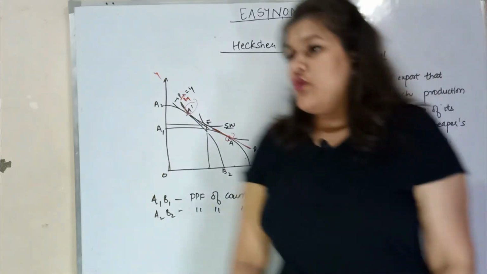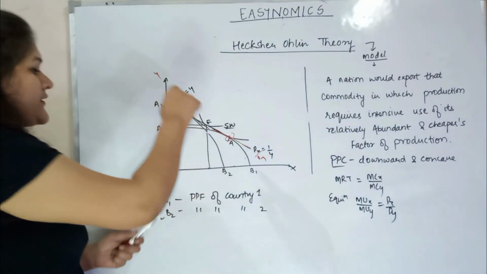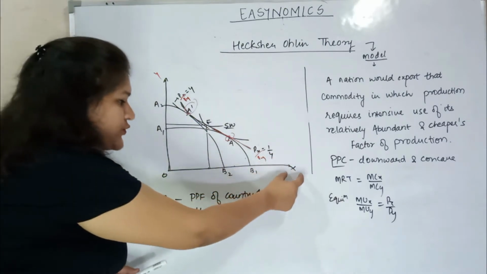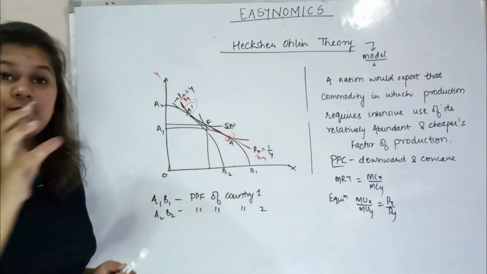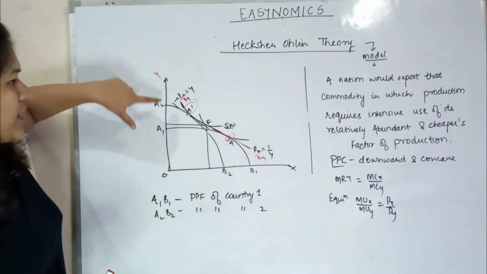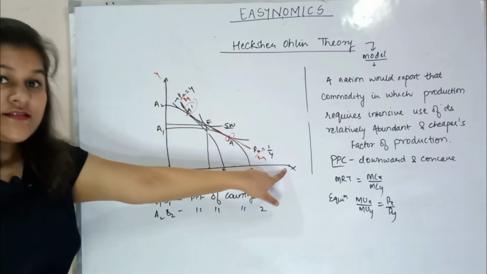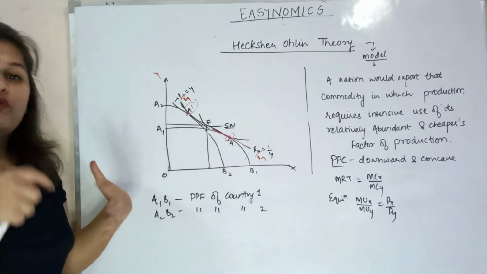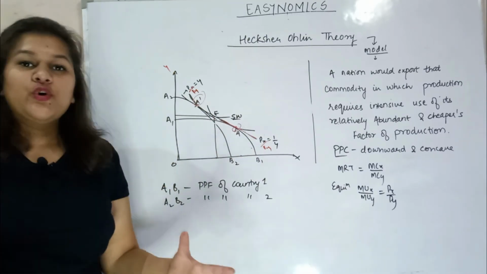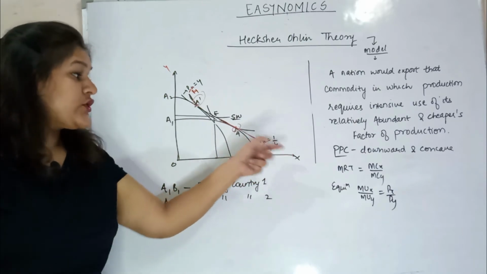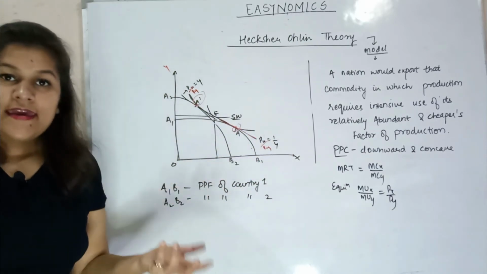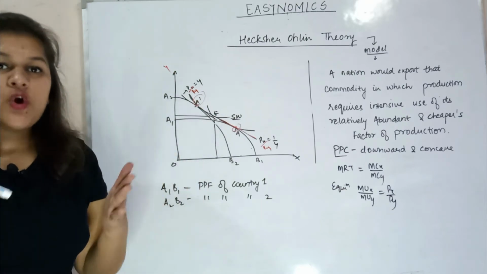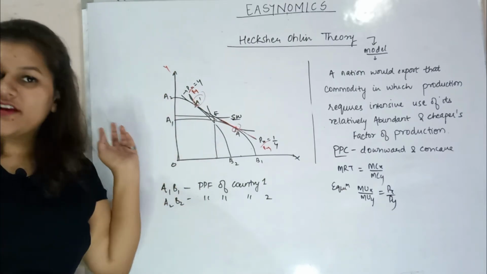Now country 1 will see that it can produce good X at lesser cost, while country 2 can produce good X only at 4 times more cost. Good X can be produced in country 1 at 4 times lesser cost than in country 2.